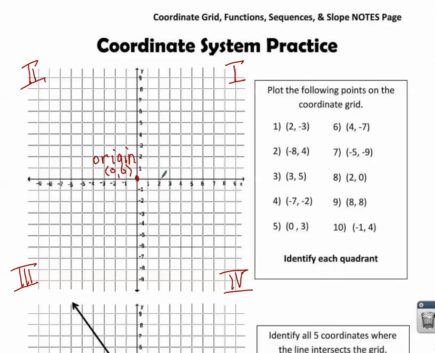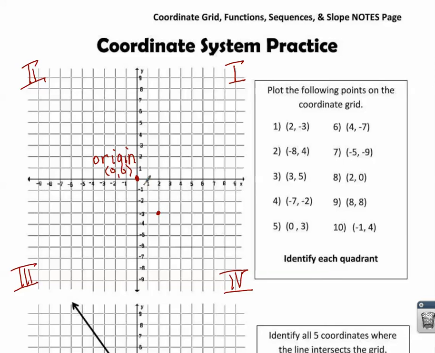We're going to use the phrase walk and fly. So looking at number 1, I'm going to walk, this is a positive 2, so I'm going to start at the origin, walk 2 units to the right and fly down 3 units.